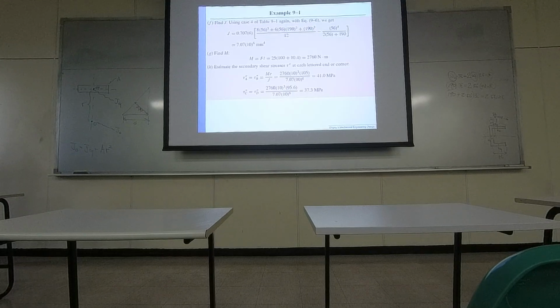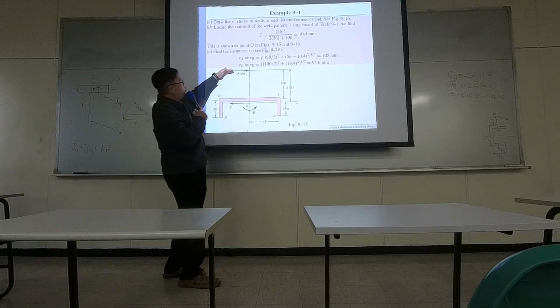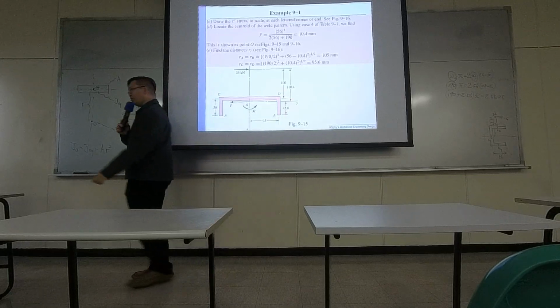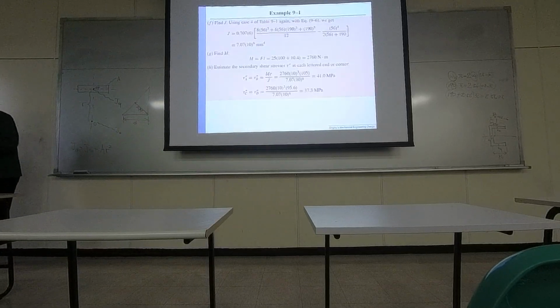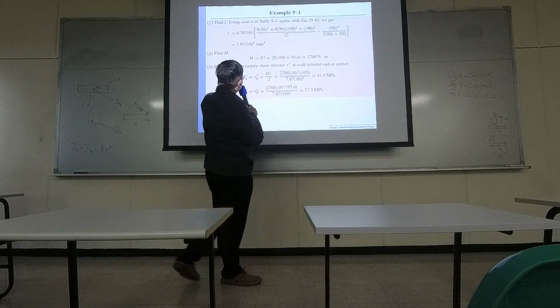So at the end, this J is going to be the overall polar moment of inertia for the entire C shape geometry. And the total moment is computed by the external force here multiplying the distance 110.4. So that would be this one, the total moment.